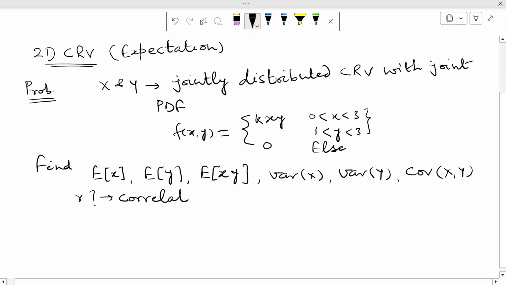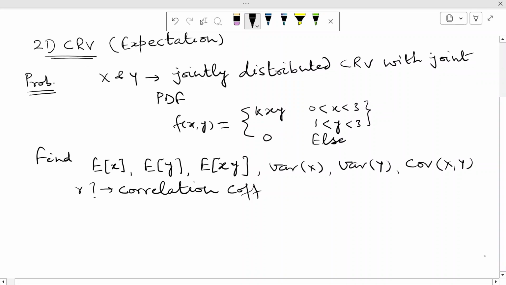So we have to find these many things. That's why this problem will cover every aspect of the two-dimensional continuous random variable, in particular related to expectation. Now let us begin with the solution of this problem.